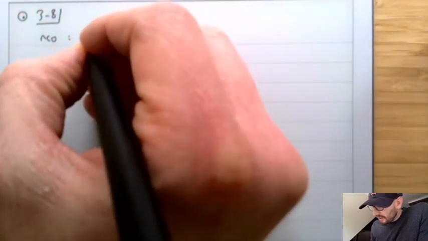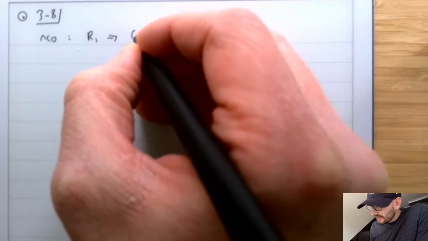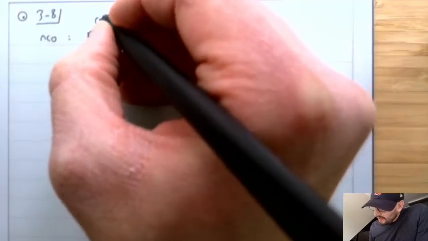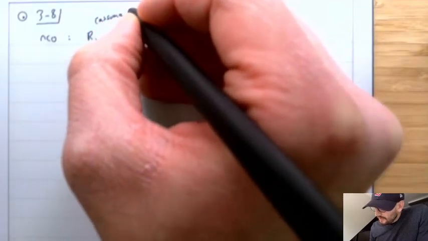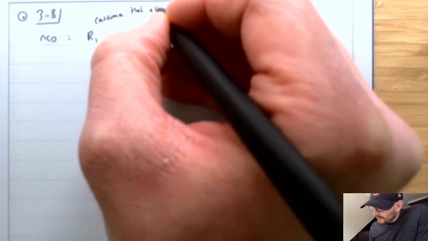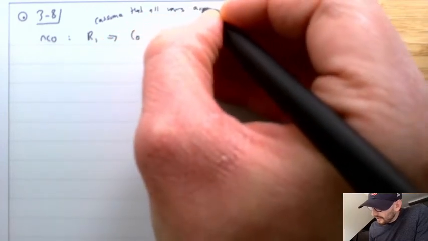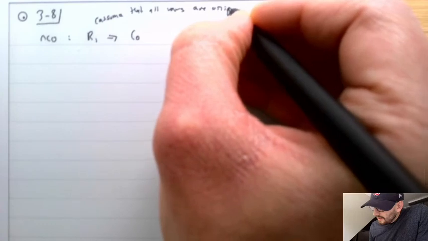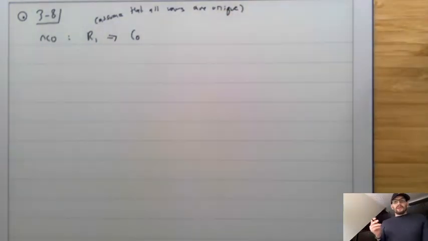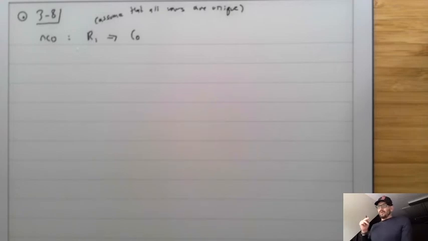So we'll call it RCO, and it takes an R1 program and returns a C0 program. And we're going to assume that all variables are unique. You'll literally be able to run this program on any R1 program, but it's only guaranteed to work if it's called on a C0 program.